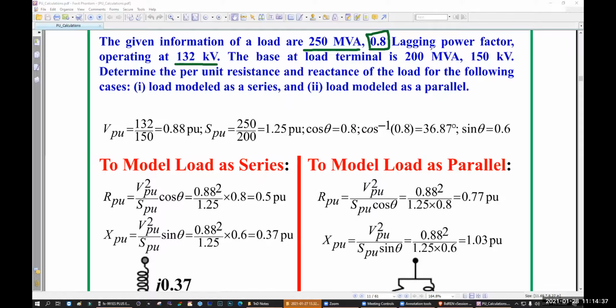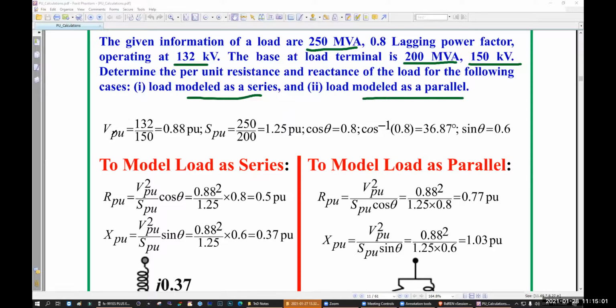Now you have to think your base is 200, not equal to your actual. See, they are different, right? This is your actual, this is your base, 200 MVA, and this is your actual, this is your base kV. Determine the per unit resistance, per unit reactance of the load for the following cases. Once you model it as series, once as parallel.